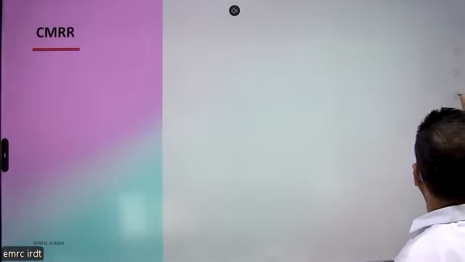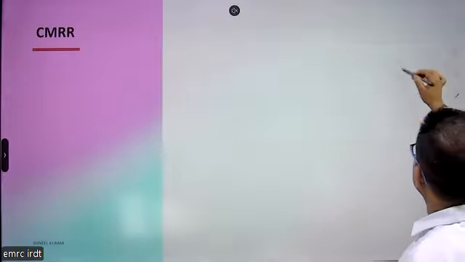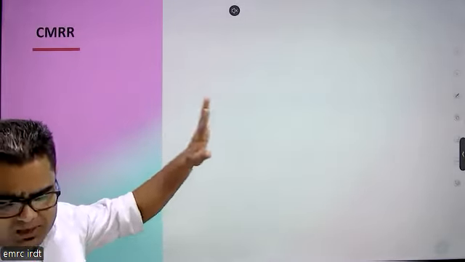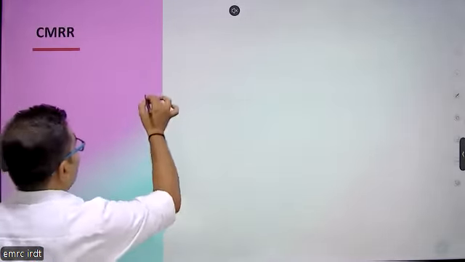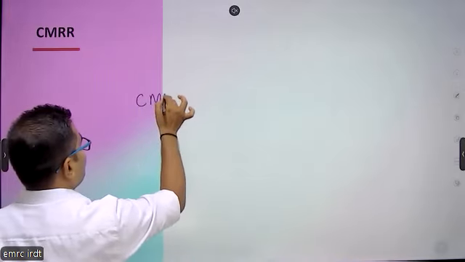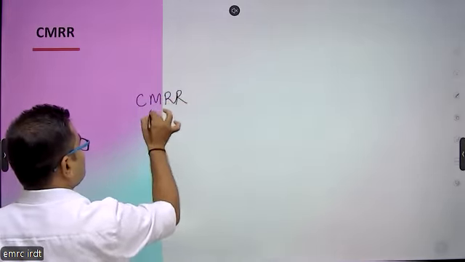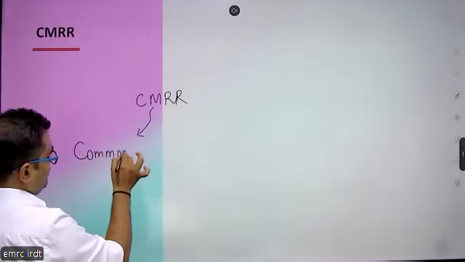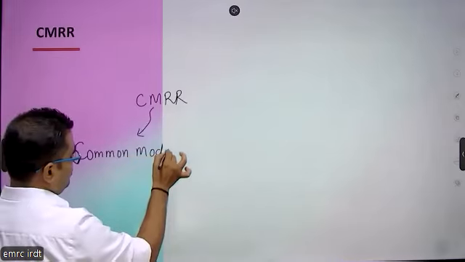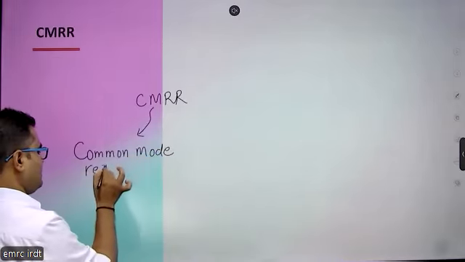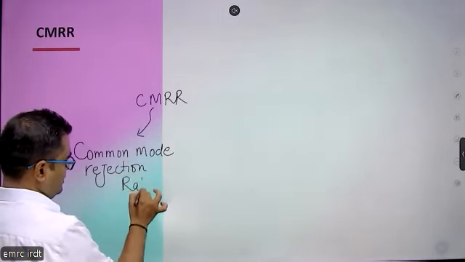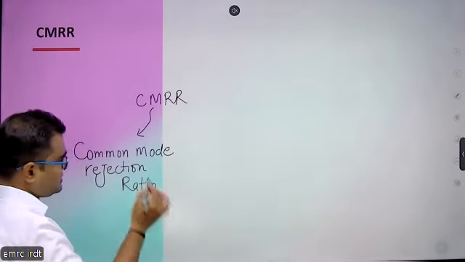After that, we have this parameter that is very important to understand. This is known as common mode rejection ratio. This is a kind of noise rejection capability of the operational amplifier. In mathematical form, we can write CMRR, the common mode rejection ratio, which represents the noise rejection capability.